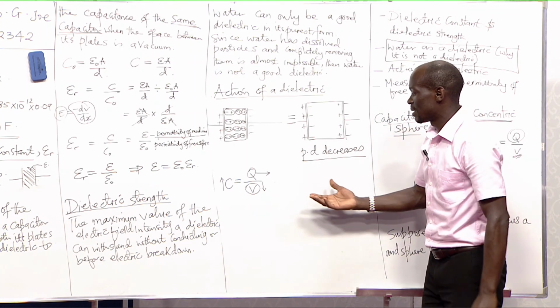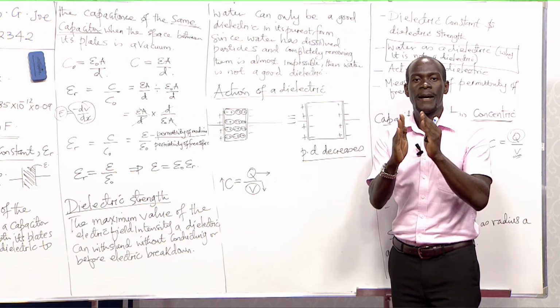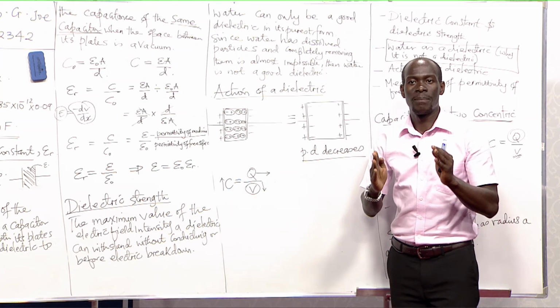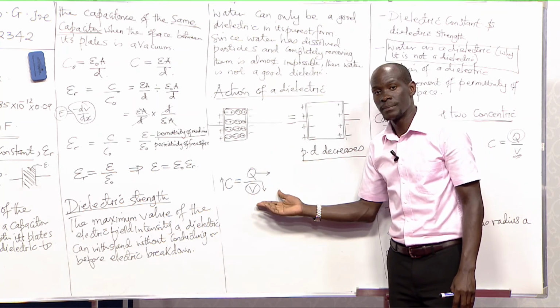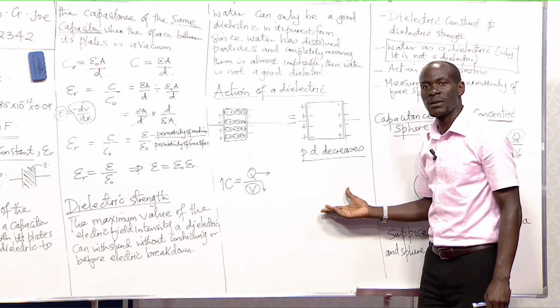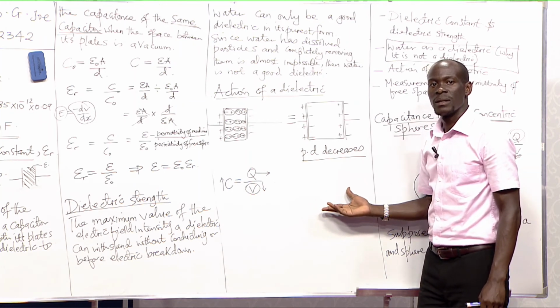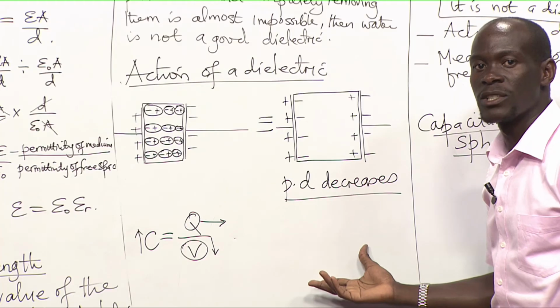So what does that tell us? This tells us that when you place a dielectric between the plates of a charged capacitor, the capacitance will therefore do what? Increase. So that is the action of a dielectric.